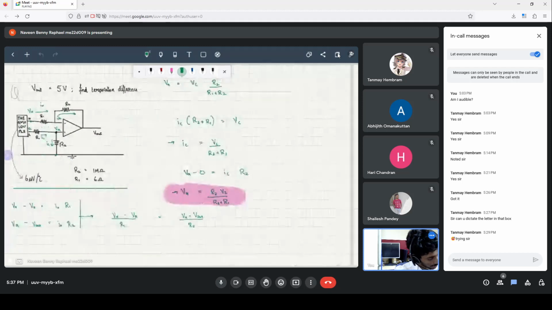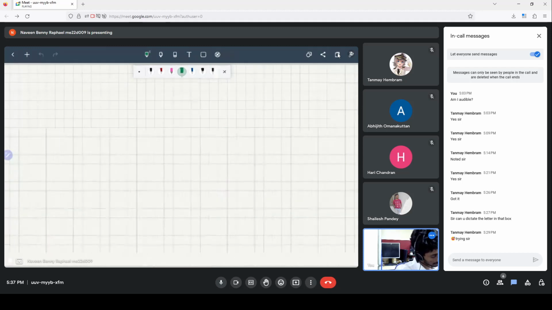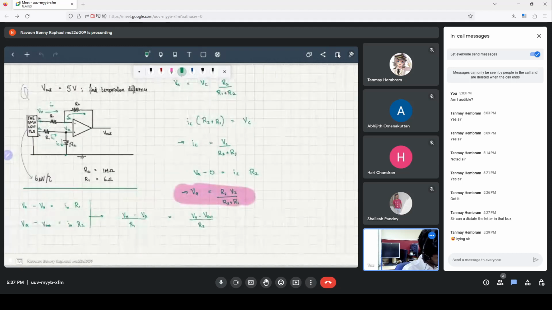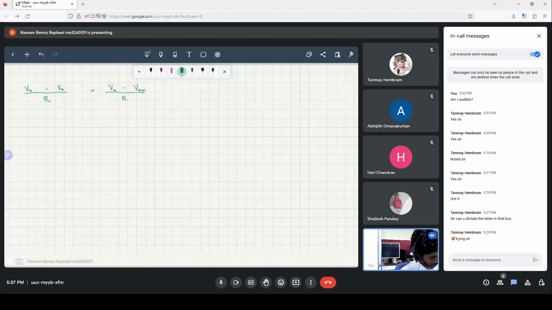I will write this on a new page. So, the equation we finally found is VH minus VA by R1 is equal to VA minus V out by R2.